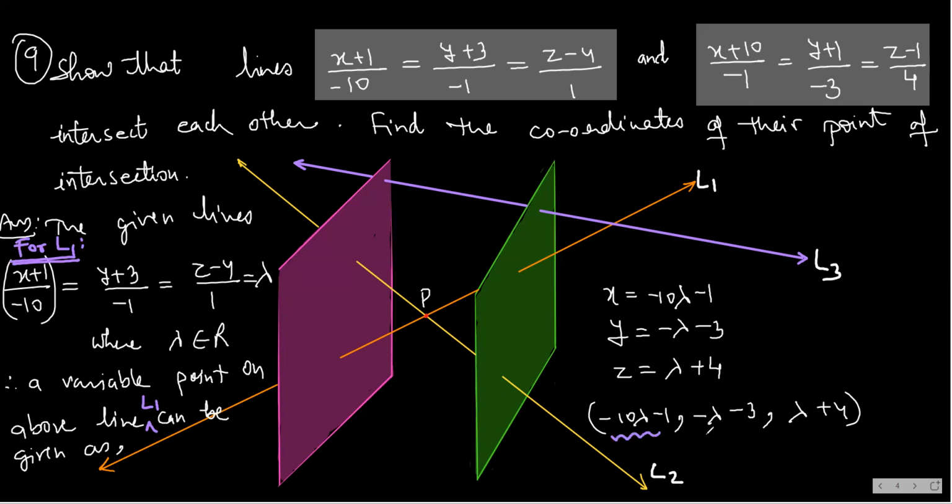This is the x coordinate, this is the y coordinate, and this is the z coordinate of the variable point. Now I go for line L2. So I write here for L2.